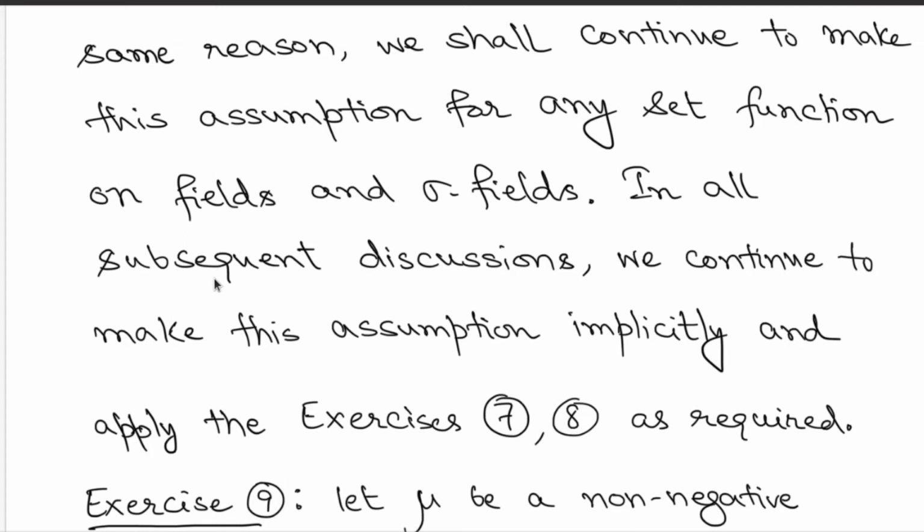To be clear, this does not follow from the definition of a finitely additive set function on a field, or from the definition of a measure on a field. We are making this assumption in addition to whatever we have already defined, and we are going to make this part of the hypothesis implicitly.